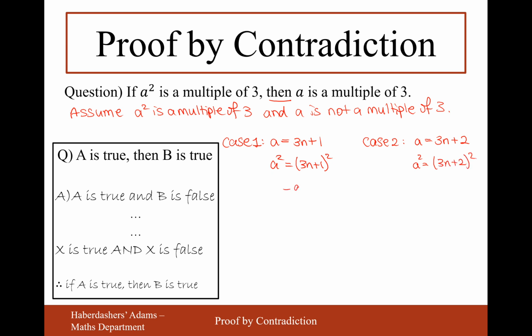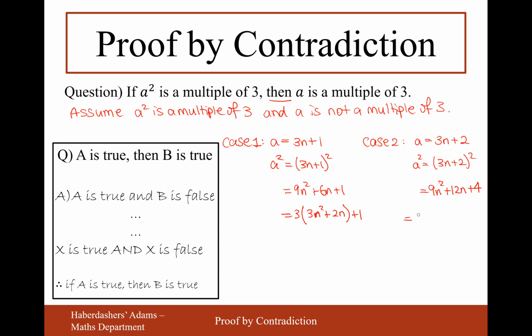So that's going to be 9n squared plus 6n plus 1. And then this one here is going to be 9n squared plus 12n plus 4. Now, either way, this number over here is going to be 3 lots of 3n squared plus 2n, plus 1, so it's not going to be a multiple of 3.